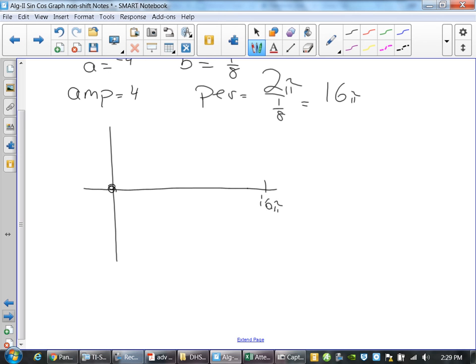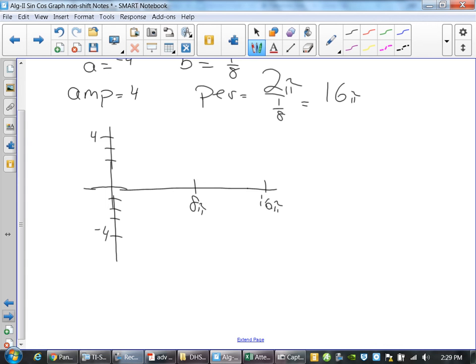It's going to start at 0. It's going to go up to 4. It's going to go down to negative 4. Well, it's going to at least start over here. It's somewhere going to have some 0. So what's half of 16? What's half of that? What's the other breakpoint?